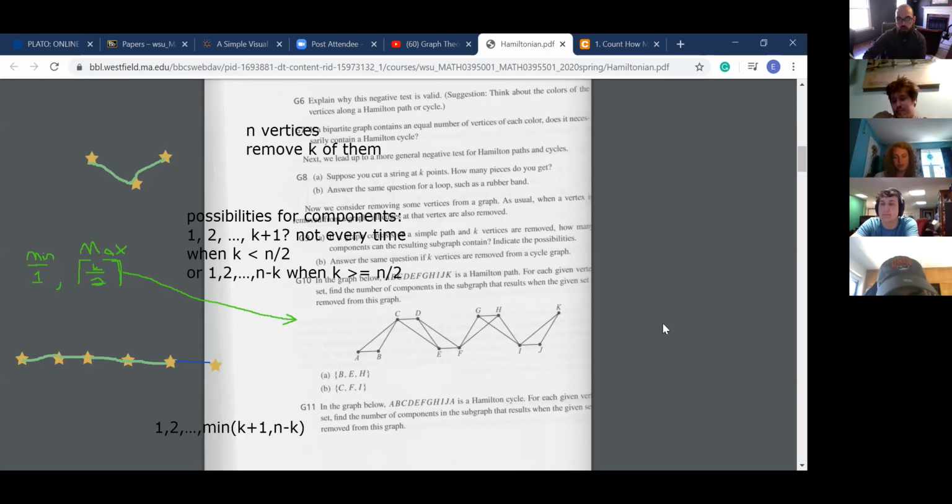So what you're going to do is replace all your k's in this with k minus 1s, because you took that first. So min of k minus 1 plus 1 and n minus k minus 1, because then it's like deleting one less vertex from a path. It takes an extra step to turn it into a path. That's an awesome way to think about it. That's better than the way that I was going to go. So nice. All right, cool.